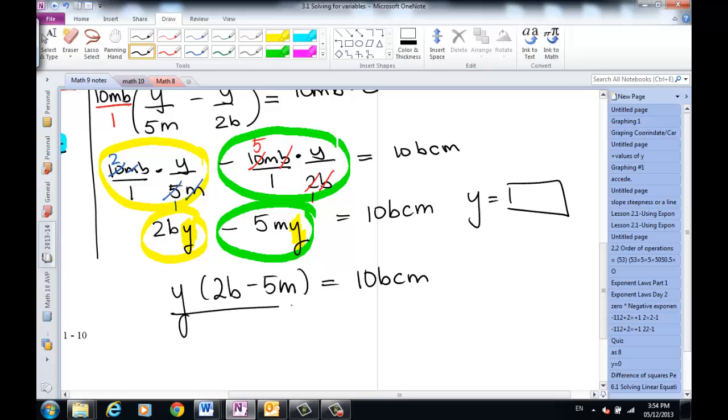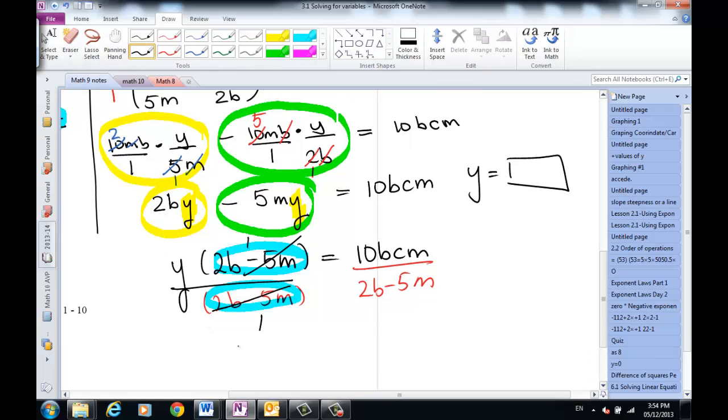And now if I divide both sides by 2b minus 5m, then this piece divided by this piece is equal to 1. And so what I'm left with is y equals 10bcm over 2b minus 5m.